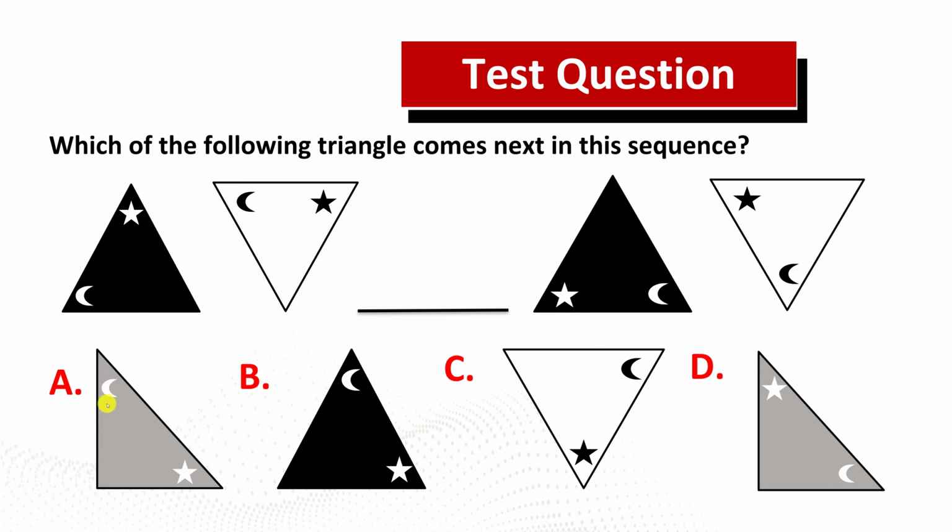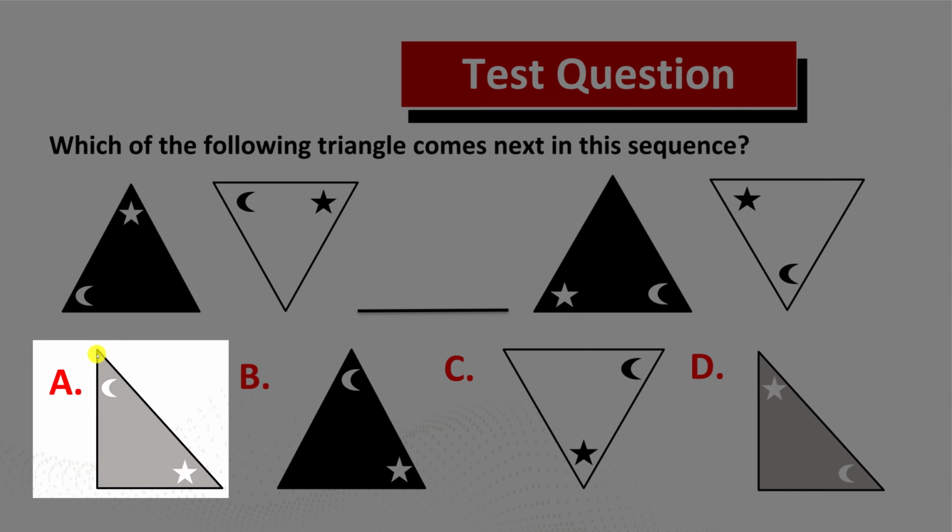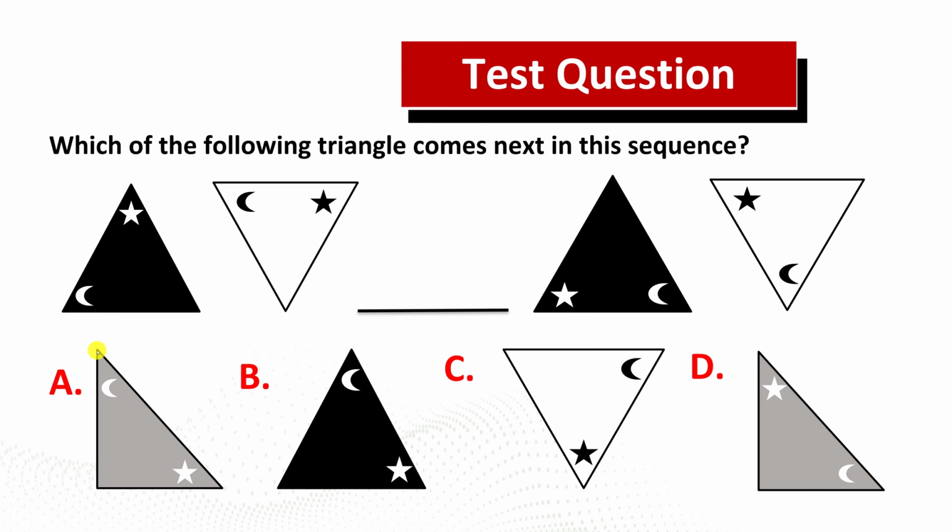This is why the correct answer here is choice A. Let's recap. The reason choice A is the correct choice is because it matches the pattern of colors, it matches the pattern of smaller shapes, and it also matches the pattern of pointing up in the triangles. This is a really confusing question, and hopefully now you know how to answer similar questions in the test.